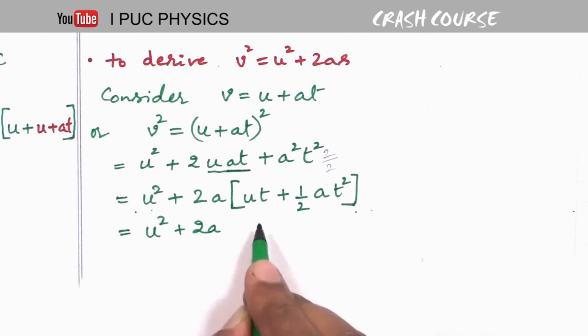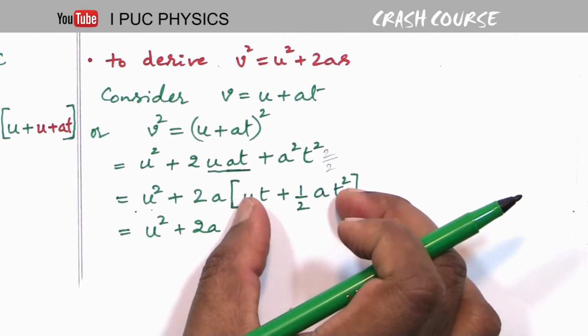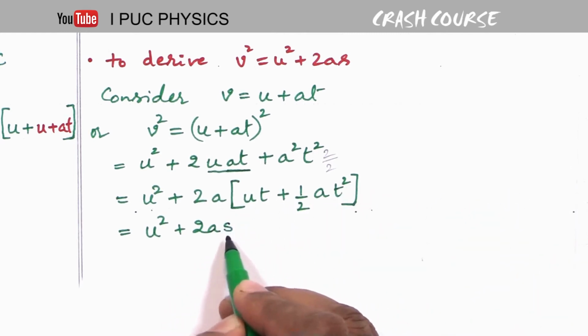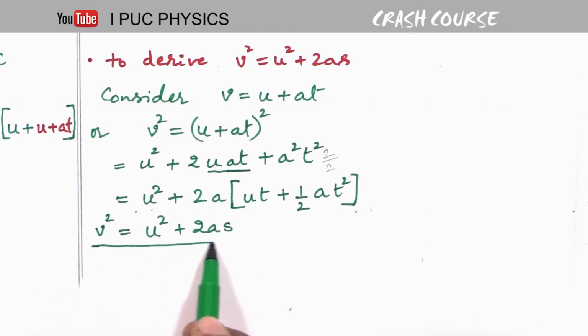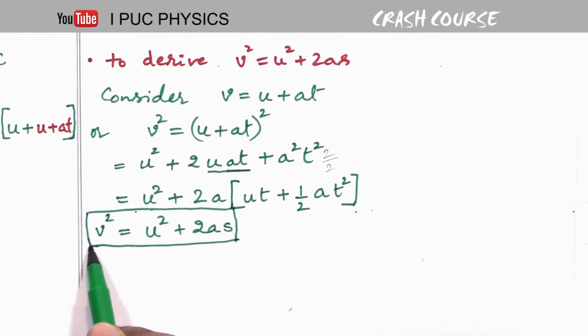If you carefully observe, ut plus half at square, the bracket quantity is displacement s. So v square equal to u square plus 2as. This is the final equation.